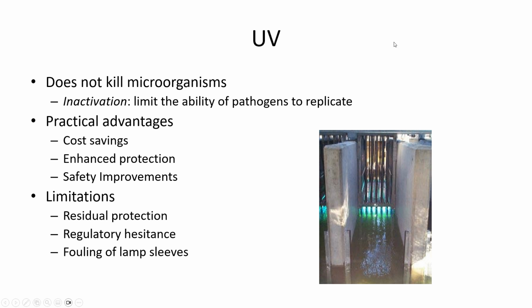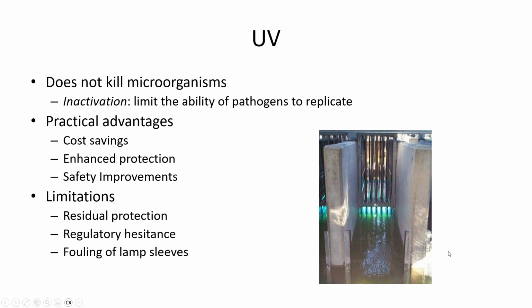Some of the downsides of UV is that there is a little bit of regulatory uncertainty associated with calculating the dose of UV that's applied. It's not as easy as the concentration times time model, because in a chlorine contact chamber, as long as you get the chlorine evenly distributed in the water, if it's well mixed, then all of the water has an equal amount of protection.